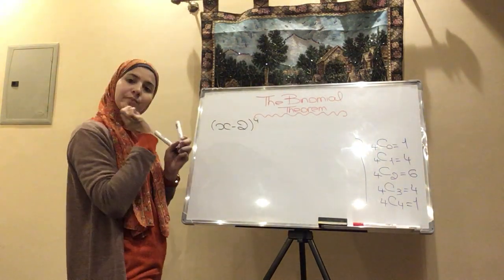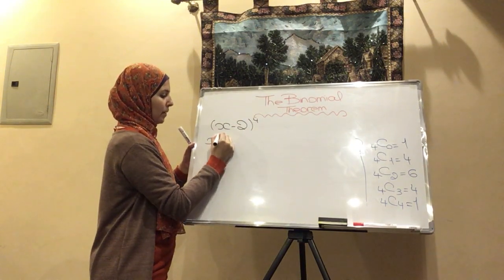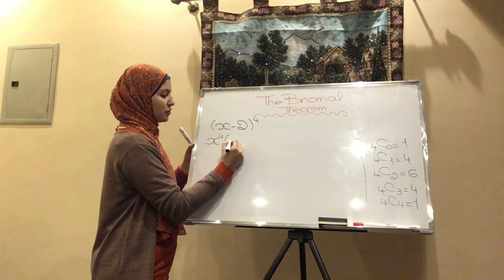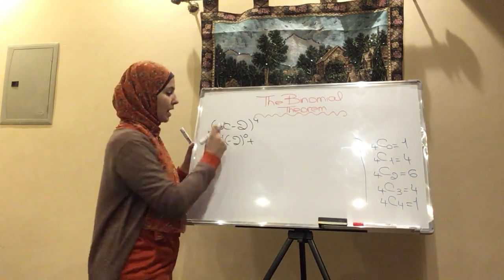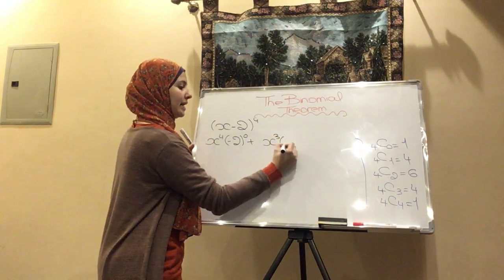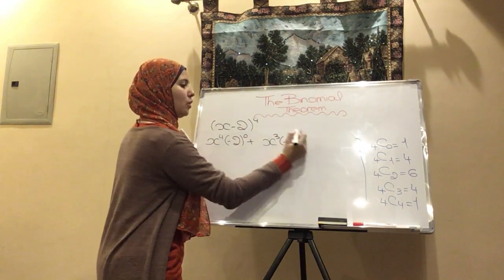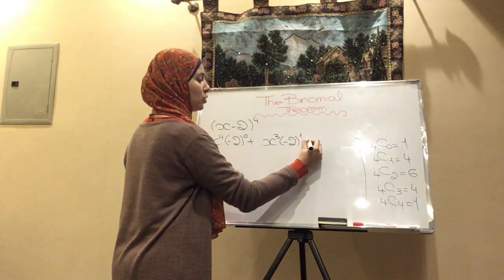Now what do we do? The first term raised to this power. So x power 4. What about negative 2 to the power 0? Plus x will be raised to the power 3. Negative 2 will be raised to the power 1. Plus. Now what do I have?